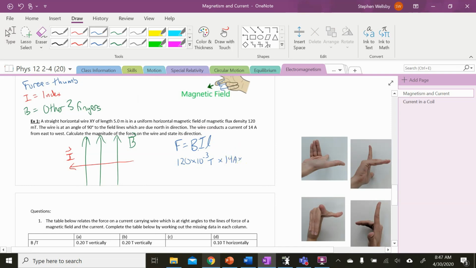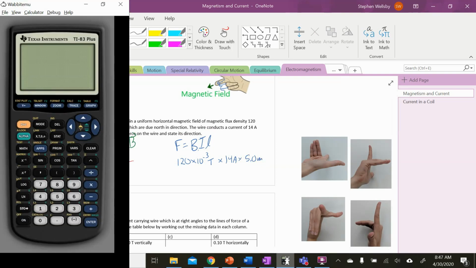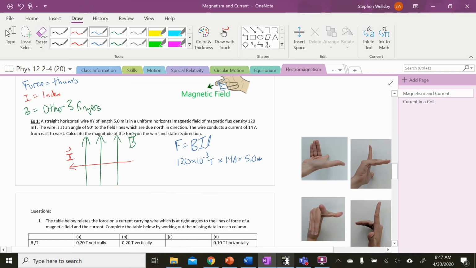And we're going to multiply that by the length, which is 5.0 meters. And so let's see what we get here. We have 120 times 10 to the minus 3 multiplied by 14 and multiplied by 5. And that gives us a value of 8.4. Okay, so the answer is 8.4 newtons.